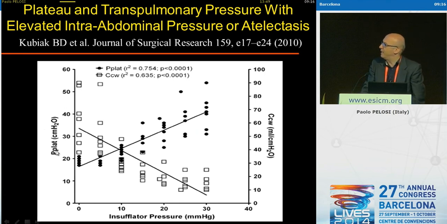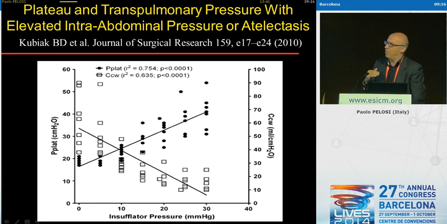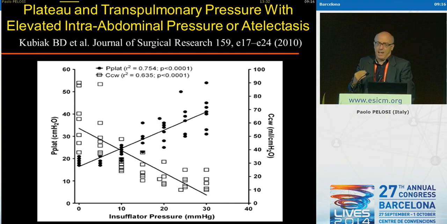On the other side, the increase in intra-abdominal pressure is associated with a reduction in chest wall compliance. So the message from this slide is that in any clinical situation in which we have an increase in intra-abdominal pressure, plateau pressure does not reflect the real transpulmonary pressure.